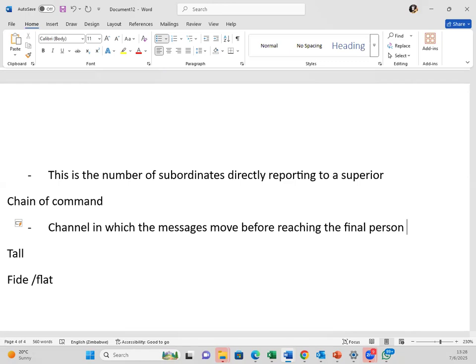So we should all try to maintain a short chain of command, because once the message passes through a lot of people, there's a high risk that it might be manipulated.